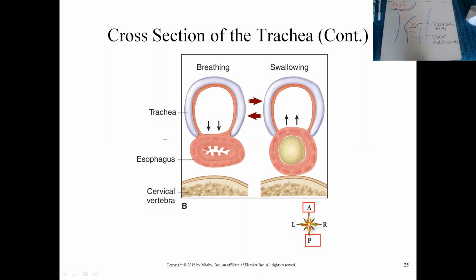Now, the reason the C-rings don't go all the way around is that if you're swallowing and food is going through the esophagus, it can extend a little bit into the trachea. Not much, but it gives that little extra room that helps to prevent choking. Which is why the C-rings should not go all the way around.